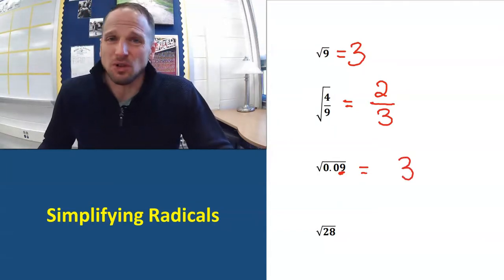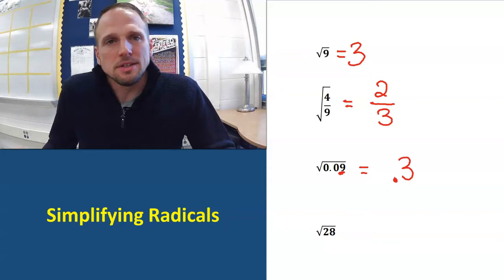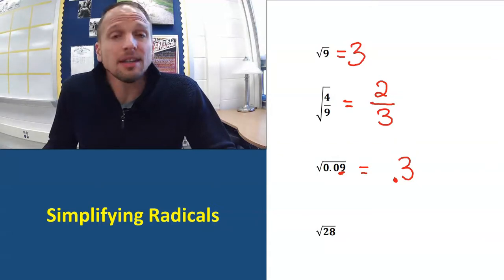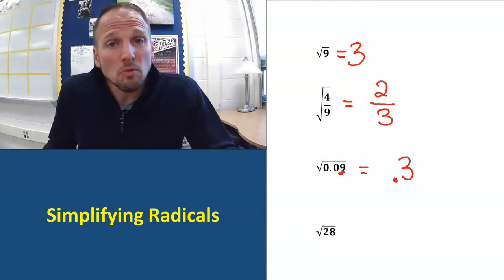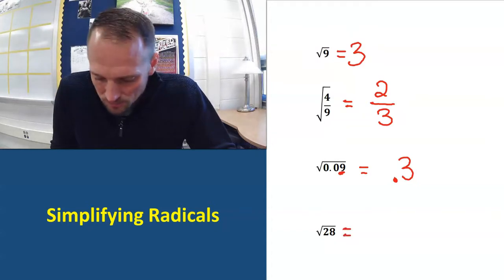But that was a decimal up there. So what do you think is going to happen? We're going to actually have a decimal there. Done. That's it. And you're thinking, that's it? That's it. The square root of 0.09 is just 0.3. Hey, not bad. Let's look at this last one.